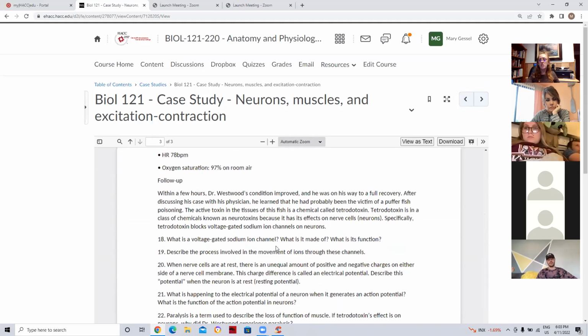What is a voltage-gated sodium ion channel? What do you think it is? You know what it is, you just need to think back on it. Someone tell me, what do they think it is?